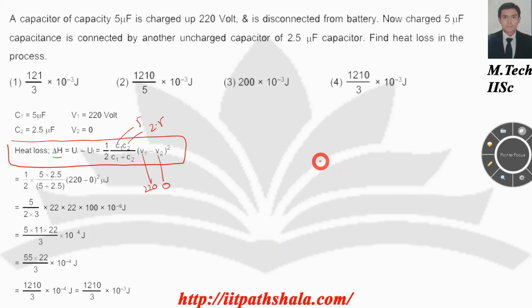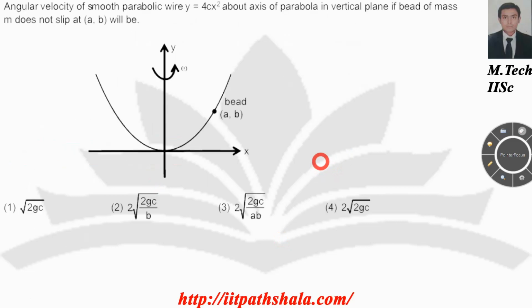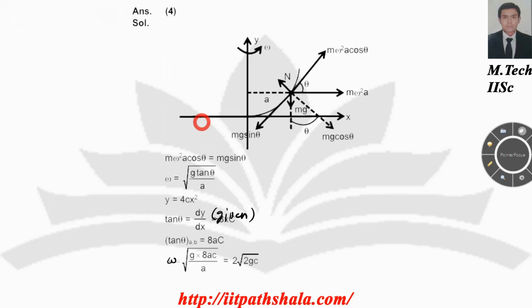Now, moving forward to the next question, the angular velocity of a smooth parabolic wire is not given to you. You have to find the omega for this smooth parabolic wire, in which a bead has been inserted, and this bead is not slipping anywhere. Now what you can do is first draw the free body diagram.